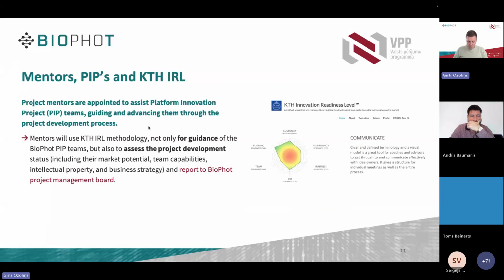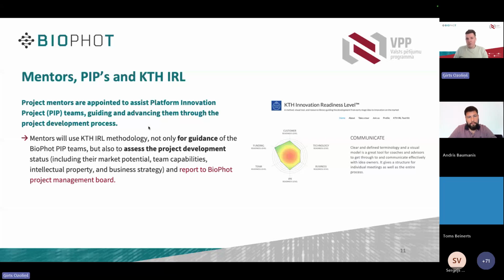So now if we go to the mentors' work in BioPhoT in relation to the KTH Innovation Readiness Level and our platform innovation projects. Mentors are appointed already now for those 40 projects that got funded in our first call, and we will help you to guide and advance through the project development process.